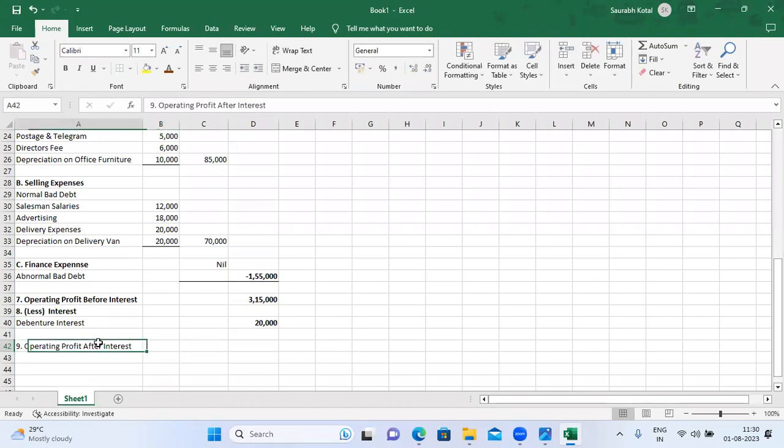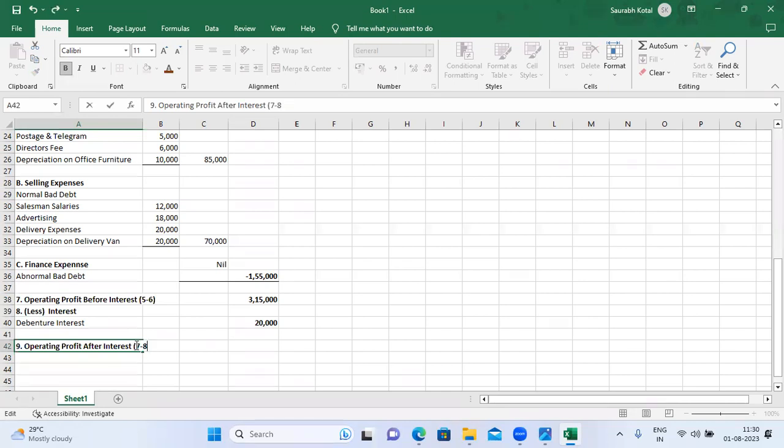How will I get the operating profit after interest? Just as we got operating profit before interest by 5 minus 6, how will we get the operating profit after interest? 7 minus 8.